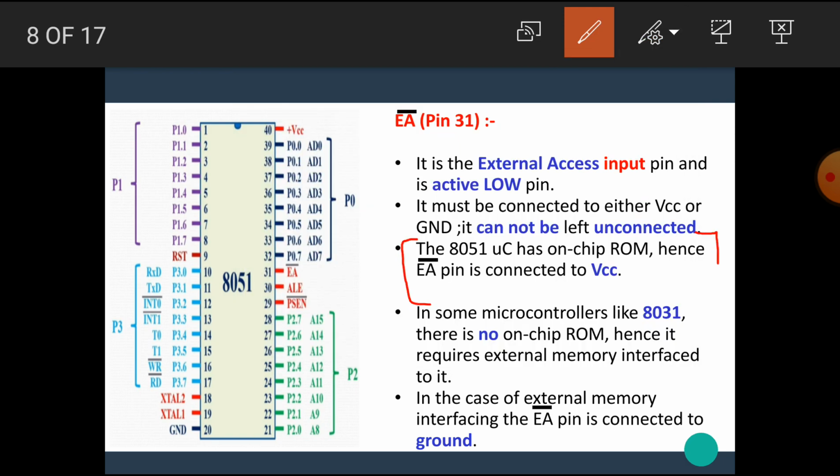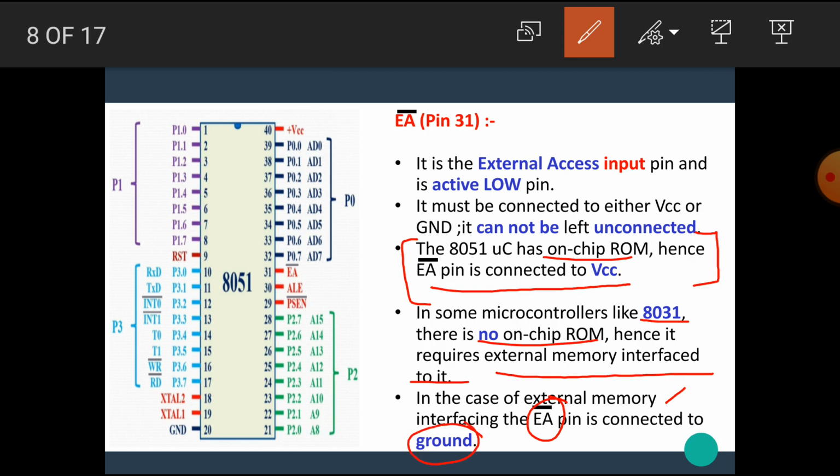But in some microcontrollers like 8031, there is no on-chip ROM, hence it requires external memory interface to it. In the case of external memory interfacing, EA pin is connected to ground.